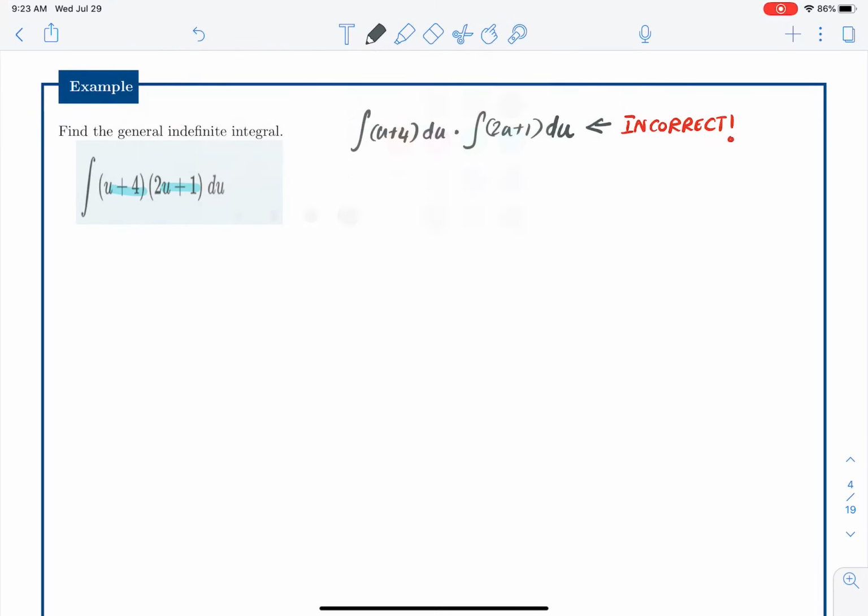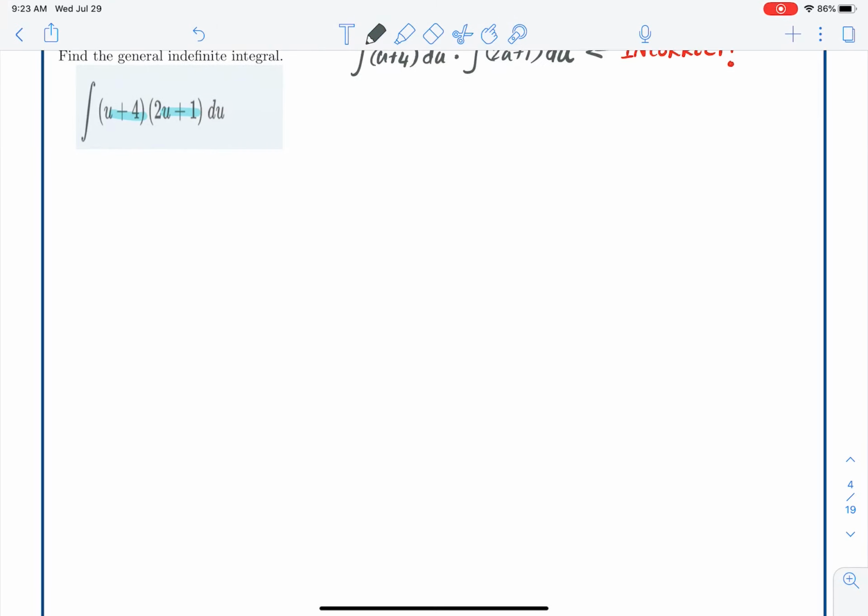We don't have that, we have a product. So let's change the integrand into something with sums and differences. So I could rewrite this as the integral, if I FOIL, 2u squared plus u plus 8u plus 4, integral 2u squared plus 9u plus 4 du.